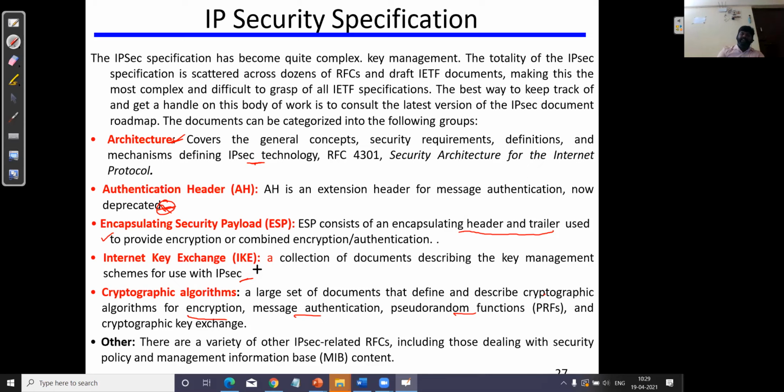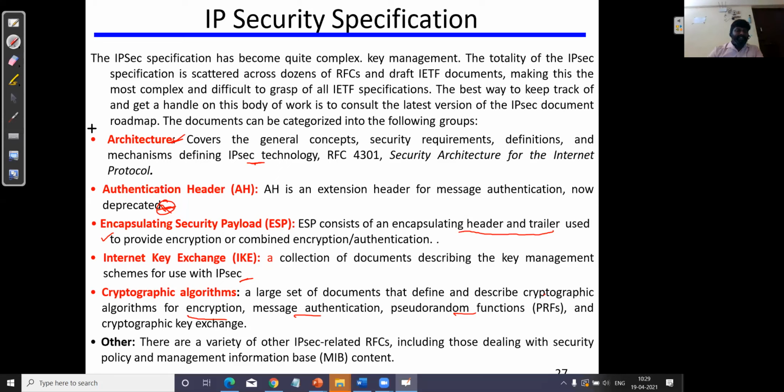In case any key has to be selected randomly, how the key will be selected using different pseudo random values or pseudo random functions, right? All that information is described under the cryptographic algorithms, right?